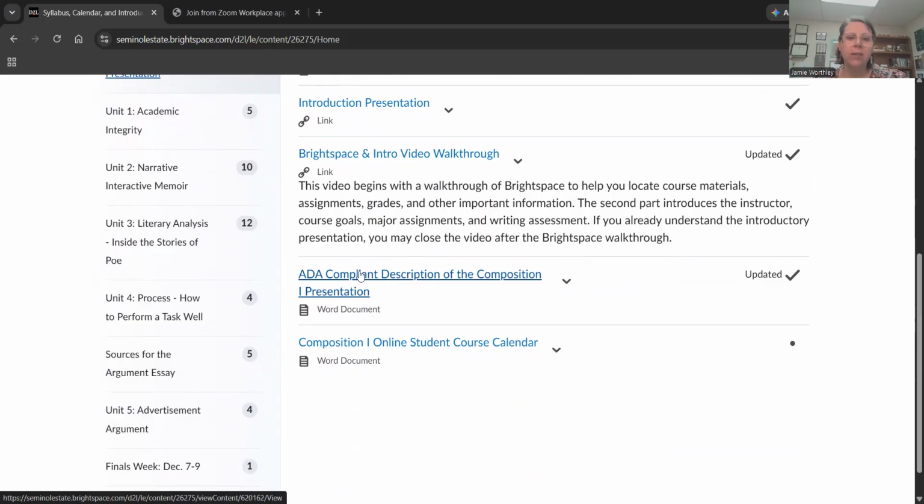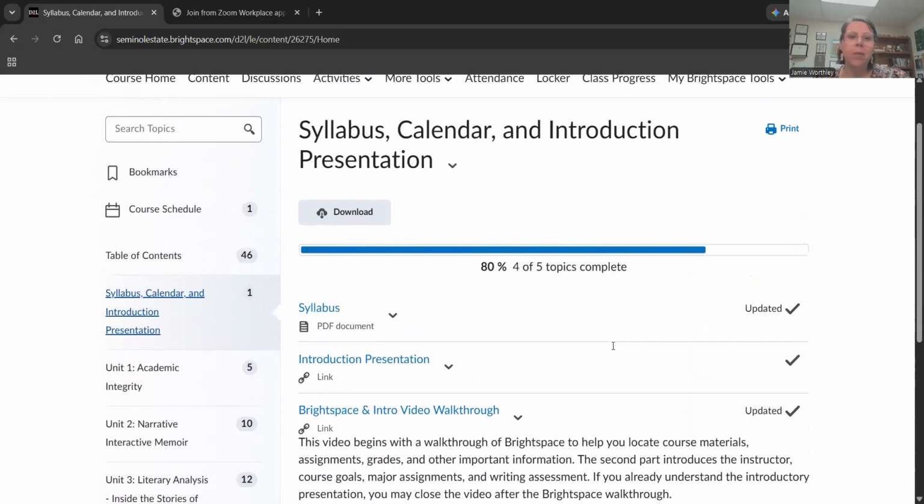There's one that just kind of discusses that. And then here's a calendar. So what do you need to do this week? That might be what you're asking.